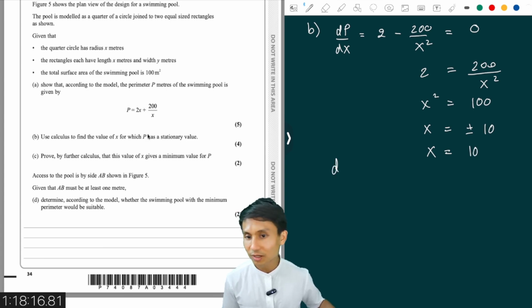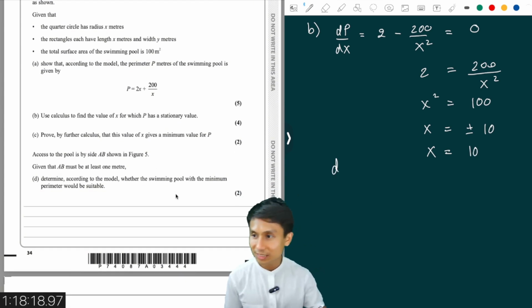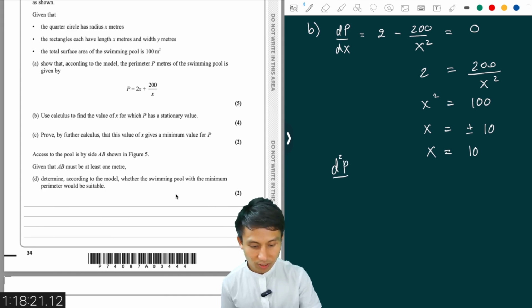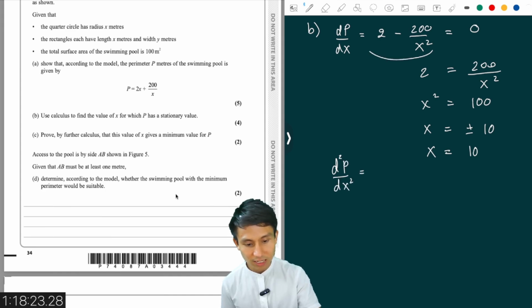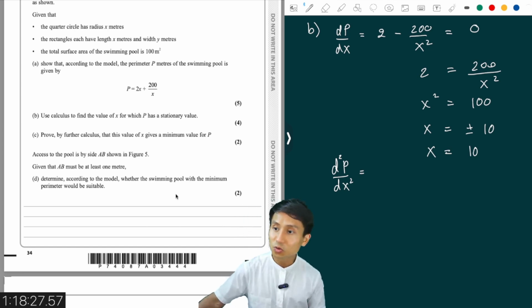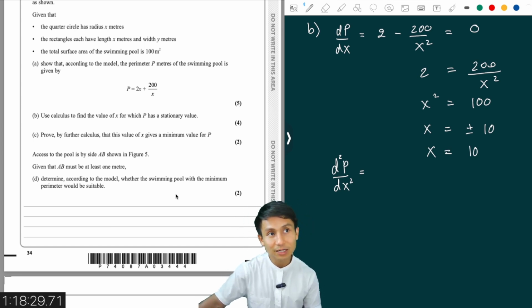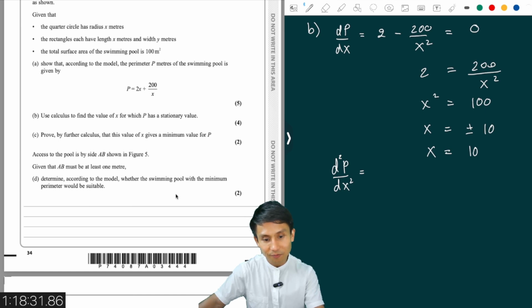And then to prove it as a minimum, we need to do a second derivative. So d squared p by dx squared is equal to, taking this and differentiating again, 2 goes away. Differentiating 200 over x squared, well, the minus 2 brought down, we get a plus 400, right? And then the power becomes 1 less, so that's power of 3 down here.